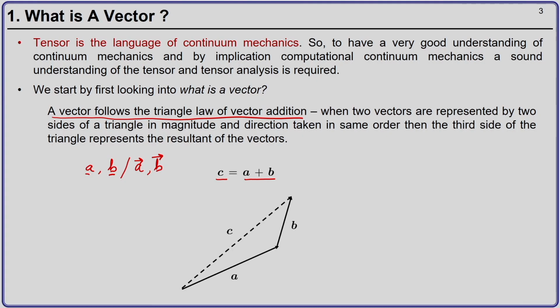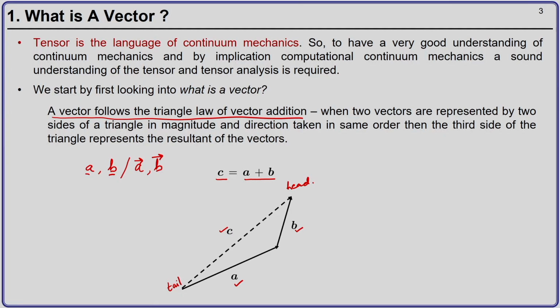What will be C? This is visible in this picture. You have a vector A and you have another vector B. Now you put the vector A and then you put the tail of vector B at the tip of vector A, and then the resultant vector C will be a vector which extends from the tail of vector A to the head of vector B. So, this will be your vector C. Any vector which satisfies this triangle law of vector addition will be called a vector.